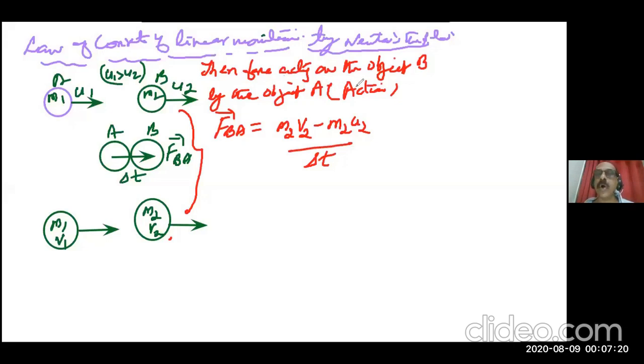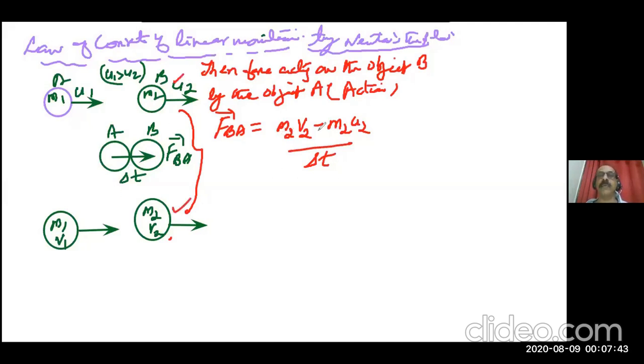Yes. Then the force acting on the object B by the object A during collision, in brackets you write action. Then write FBA is equal to the rate of change of linear momentum: final momentum minus initial momentum divided by the time of collision.